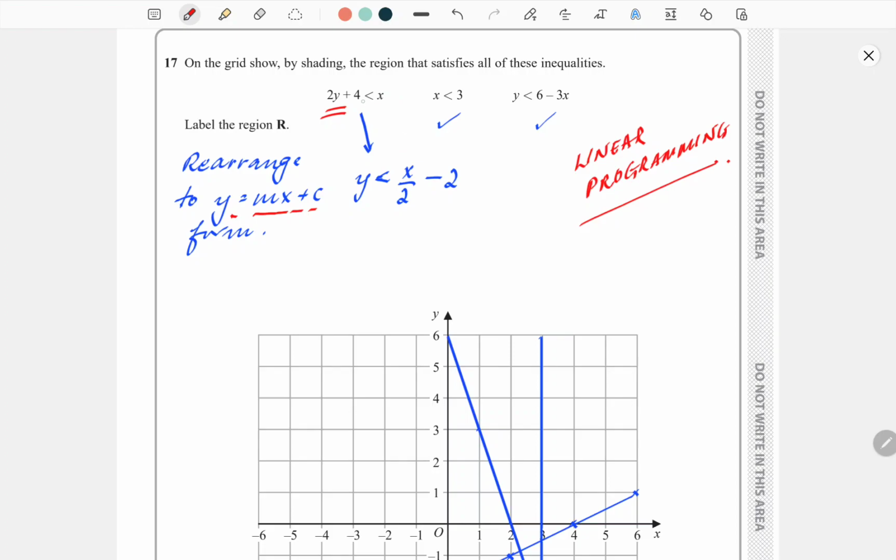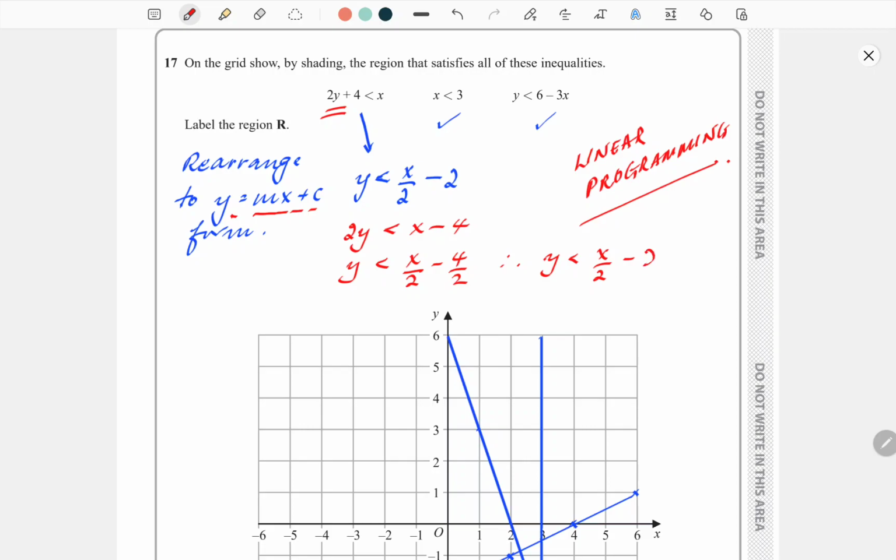So we have x minus 4. So let me just do that for you. 2y is less than x minus 4. And then y is less than x. And I'm going to split this up a little now, just to show you where the numbers came from. So therefore, y is less than x over 2 minus 2.